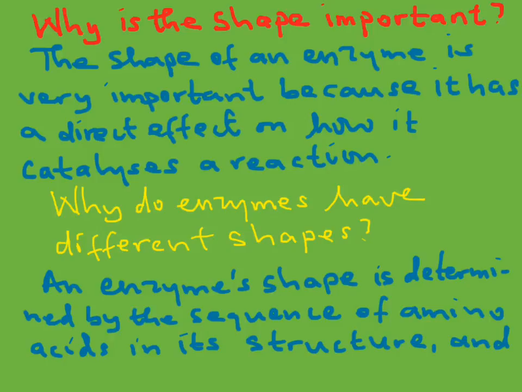This is very important because amino acids help in giving a meaning to an enzyme. The type of amino acids and its structure makes the enzyme have a particular shape.